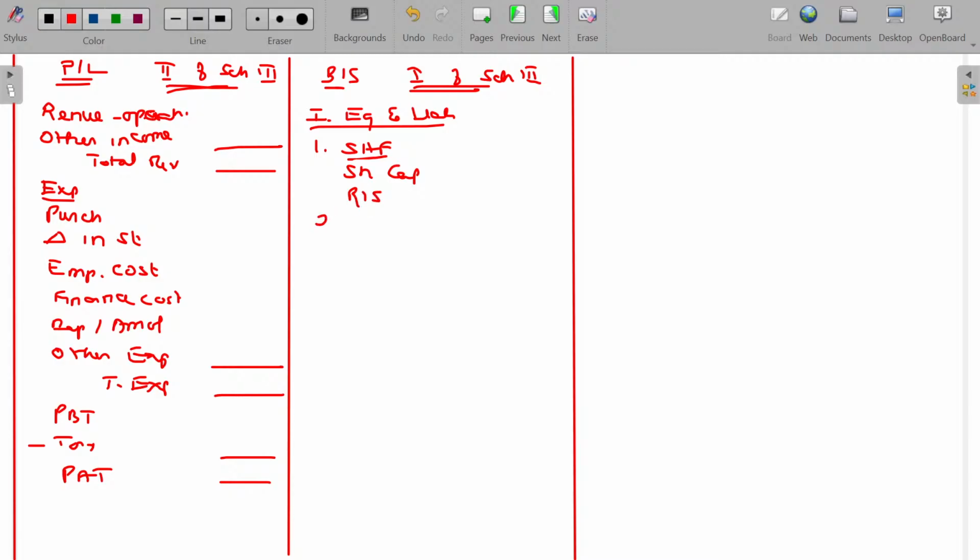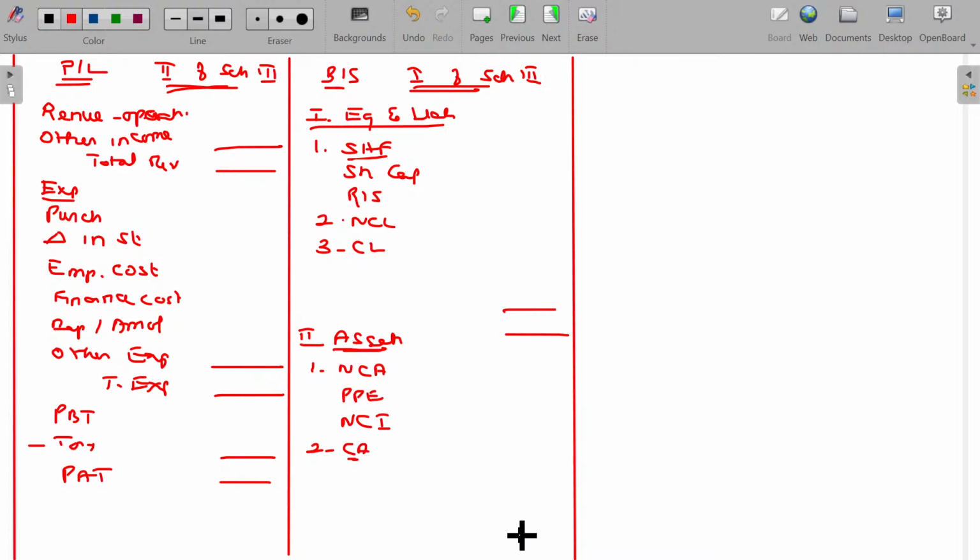Then second one being non-current liabilities, third one being current liabilities. Now, the second block is all about assets, non-current assets, under that fixed assets, property, plant, equipment, non-current investment and all. Second being current assets.